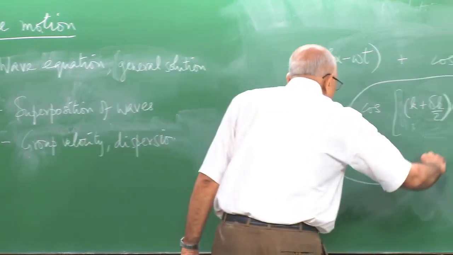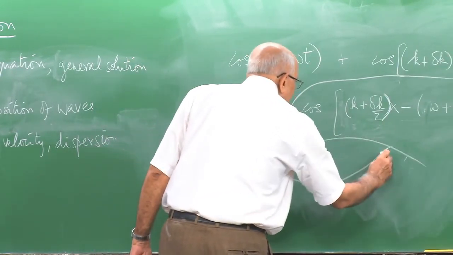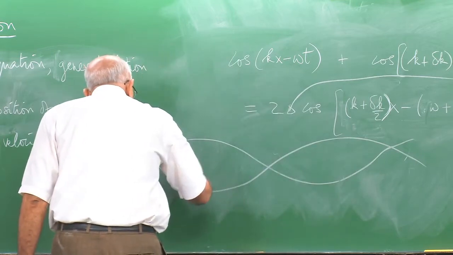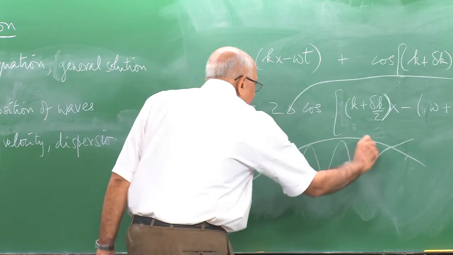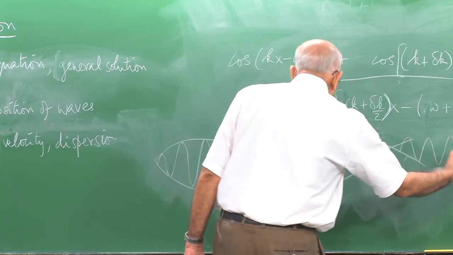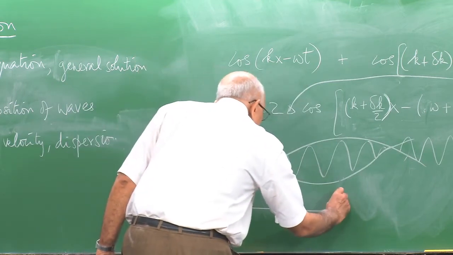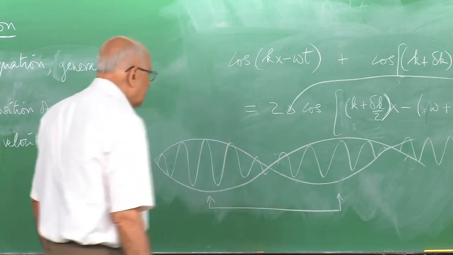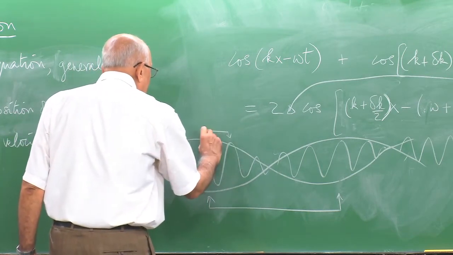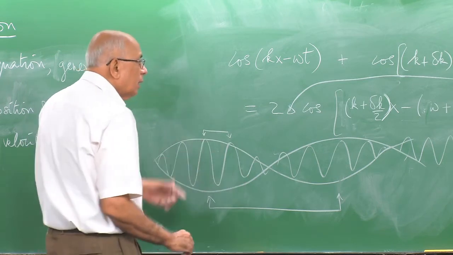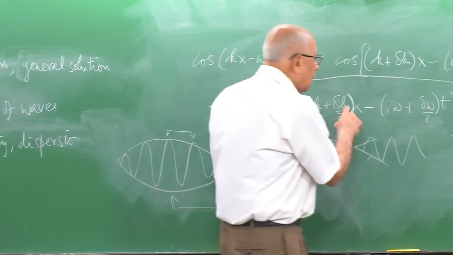Schematically, and so on, and the actual disturbance looks like this. And this wavelength here is much larger than this wavelength here. This wavelength here is given by a wave number which is k plus delta k over 2.